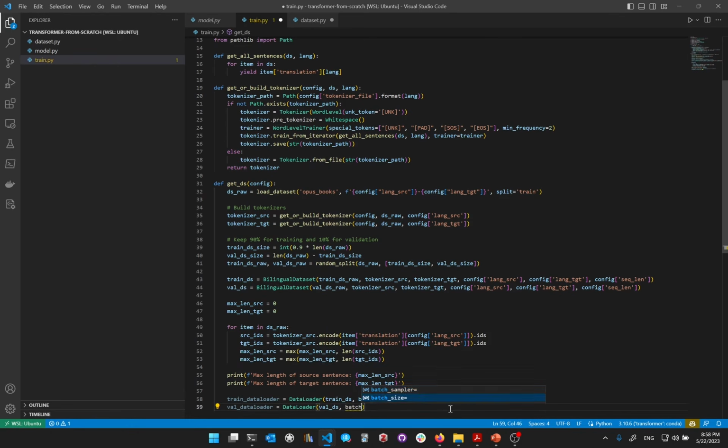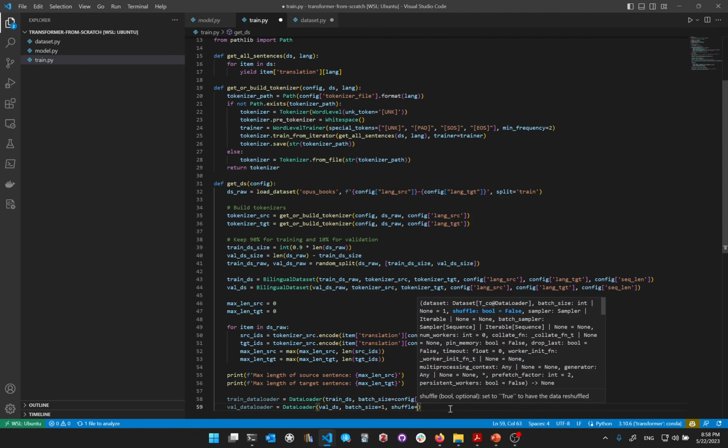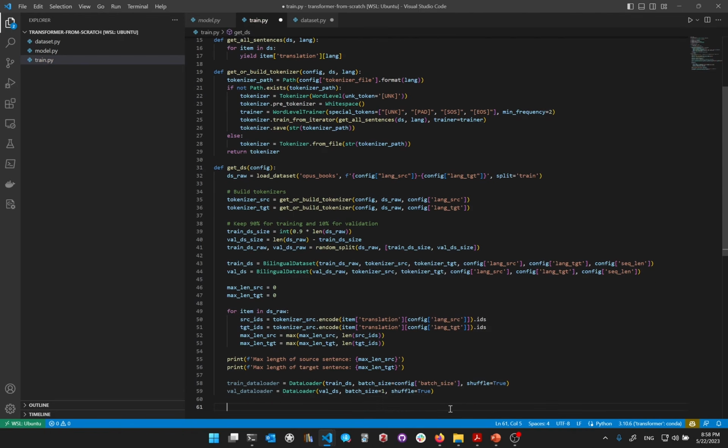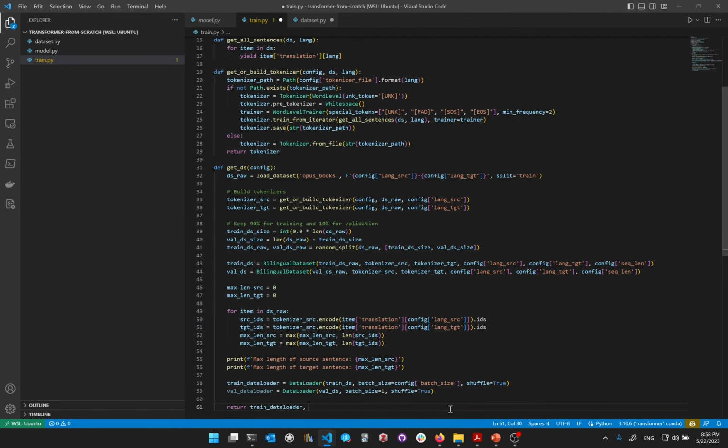Okay, for the validation, I will use a batch size of 1 because I want to process each sentence one by one. And this method returns the data loader of the training, the data loader of the validation, the tokenizer of the source language, and the tokenizer of the target language.